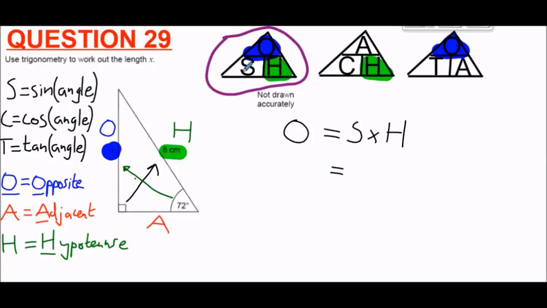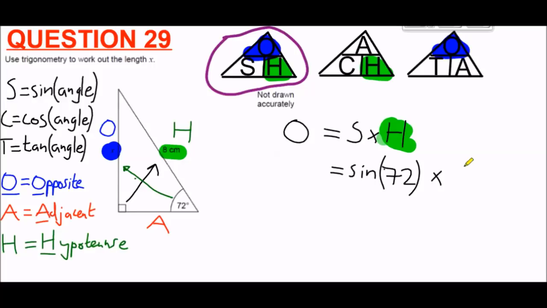Just going back to what I mentioned before, S stands for sin of the angle we're mentioning, which is sin 72. And H is the hypotenuse, which we know is 8.